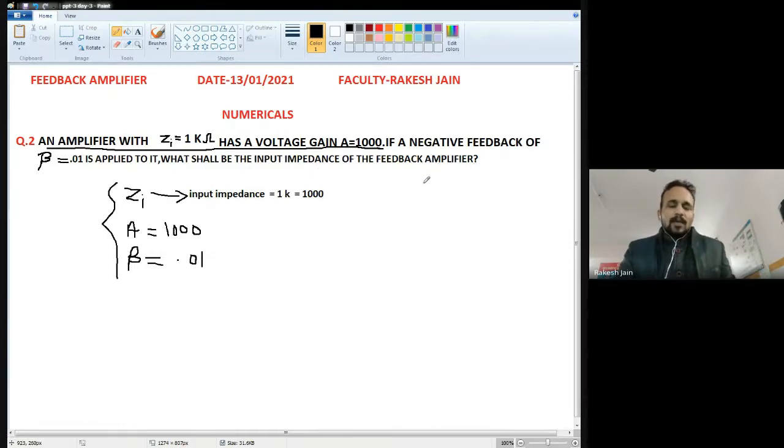In the derivation, we proved that the input impedance of a feedback amplifier is increased. We proved that for the amplifier with negative feedback, the input impedance ZF is equal to Zi multiplied by 1 plus A beta.